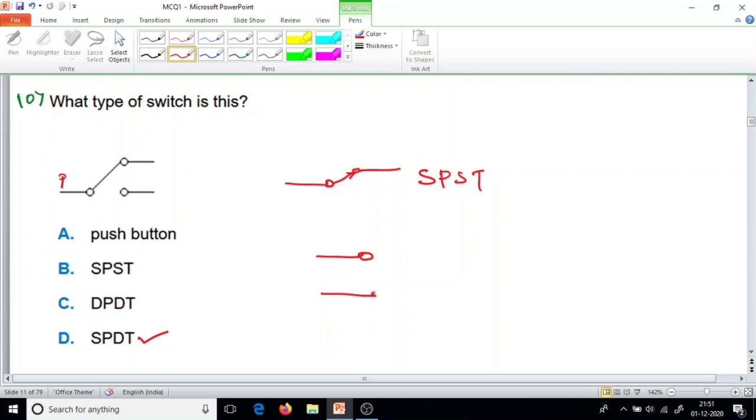Now if you have a switch like this, this is known as a double pole double throw switch.